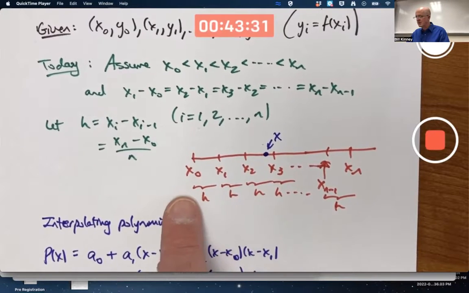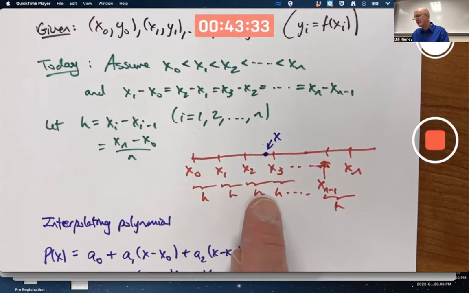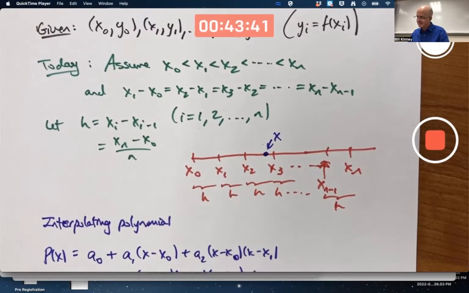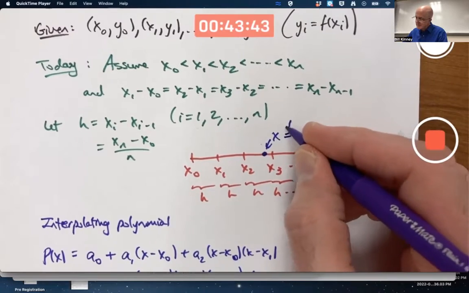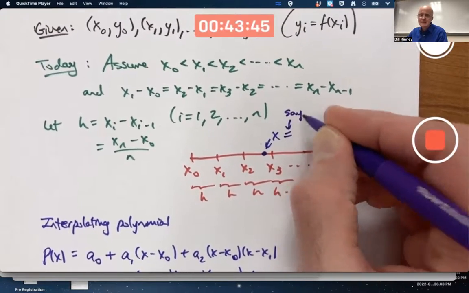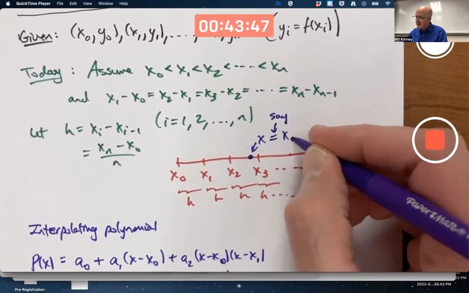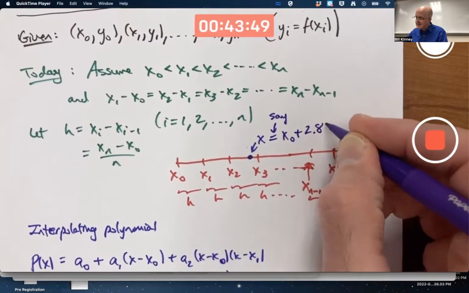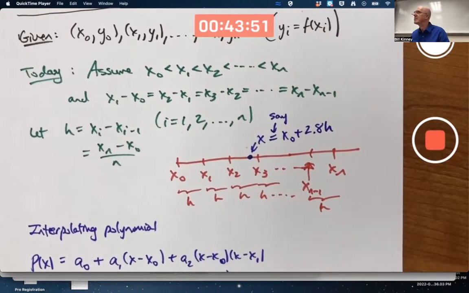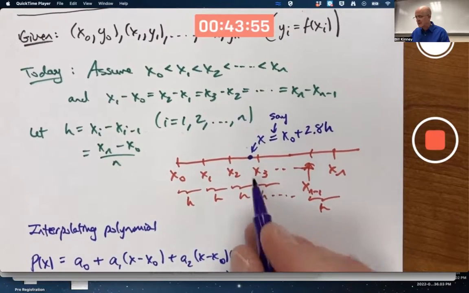Go to the right from x0 by 1, 2, and maybe about 4/5 of an interval here, 0.8, 80%. That x looks like it's, say, x0 plus 2.8 times h. Just making that up, because that's what it looks like it is about.